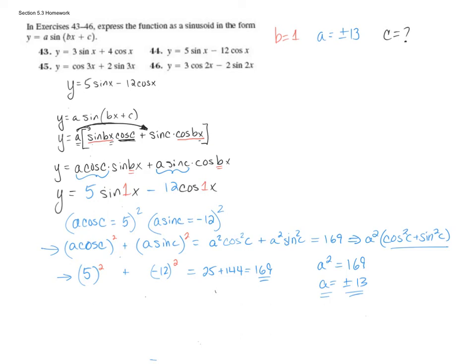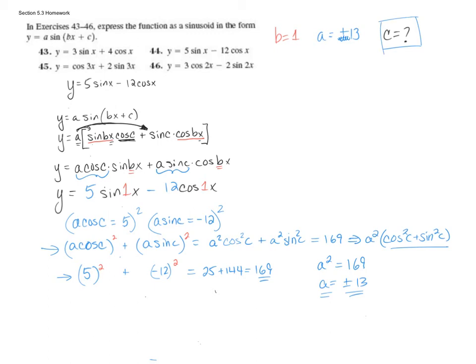Well, if you go back to our equation here, we have this expression and this expression. So if we choose the positive value for A, then rather than having A equals plus or minus 13, we can just say A equals positive 13. Now, that will allow us to solve for C.